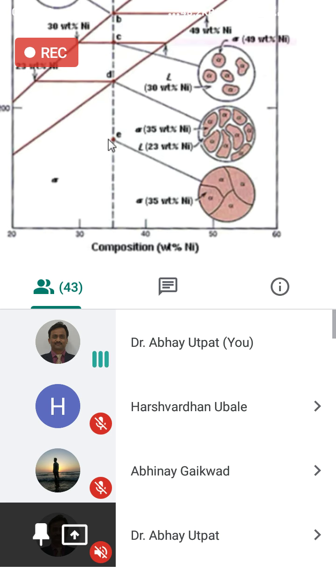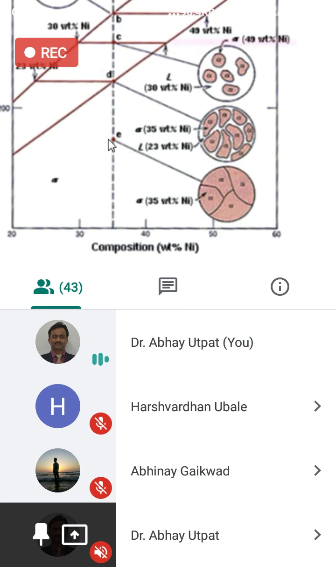Now write down cooling of isomorphous system. So at point A, dash, 100% liquid. You can take screenshot and later on you draw the figure also. So at point A, dash, 100% liquid.